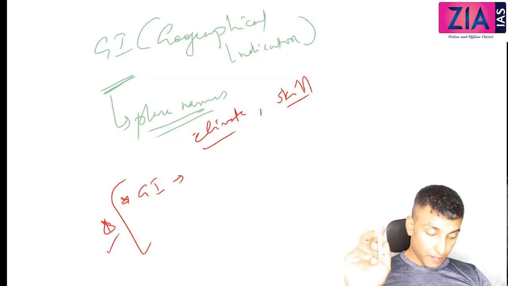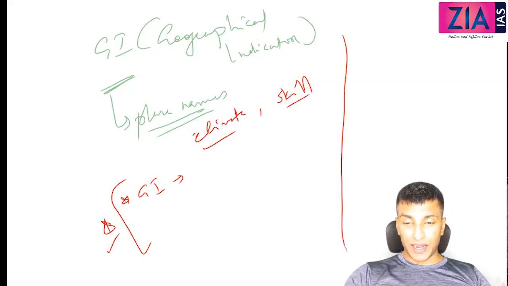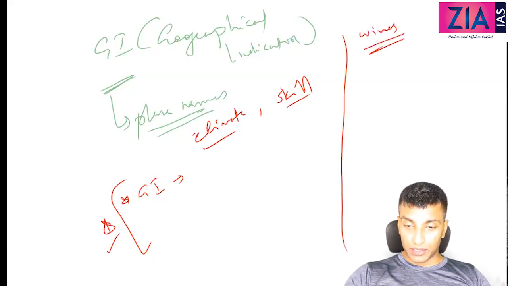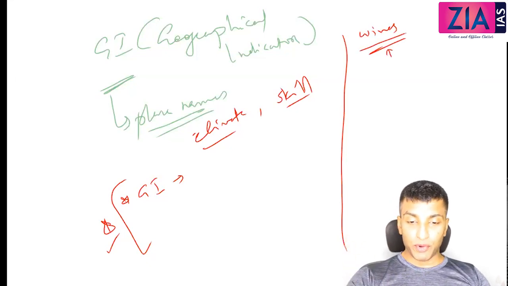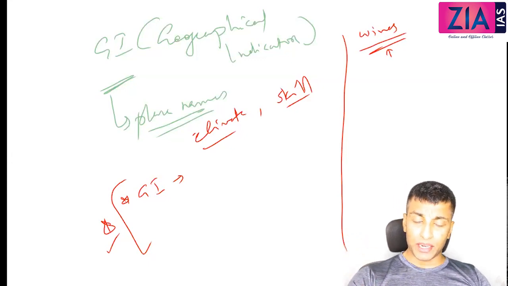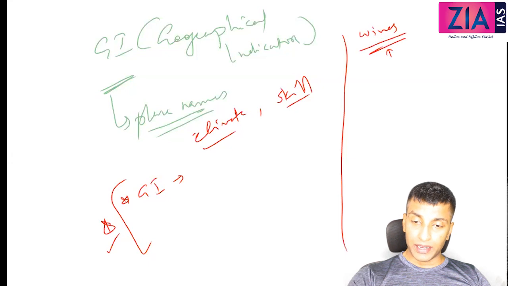Okay. See, initially this geographical indicator was confined to mostly a few wines, because such kind of products were coming from developed countries. Initially, this benefit was actually taken by the developed countries. So mostly their specific thing was related to wines.